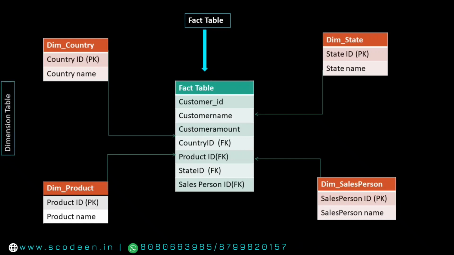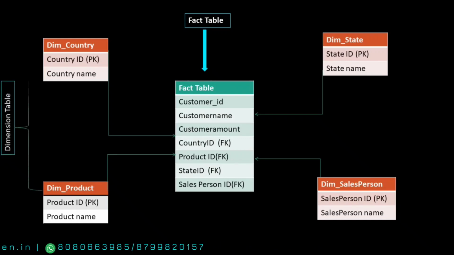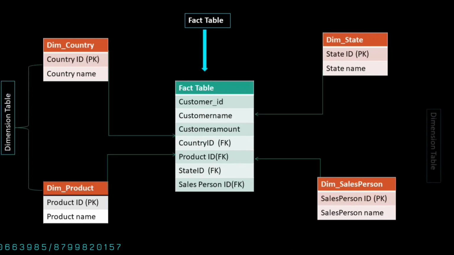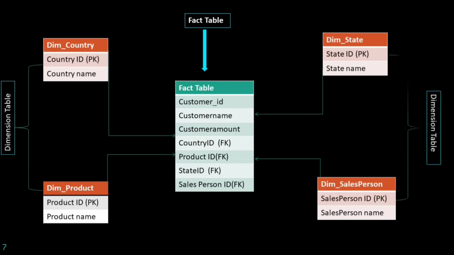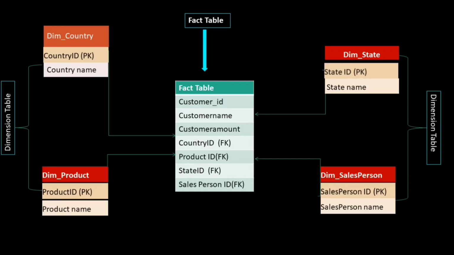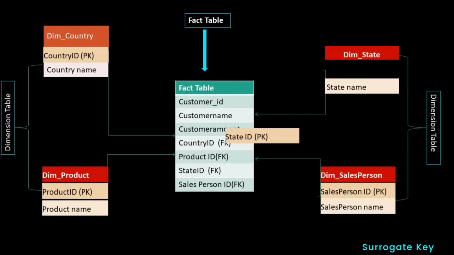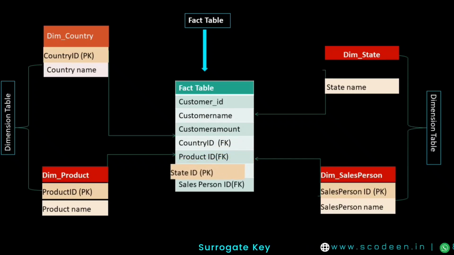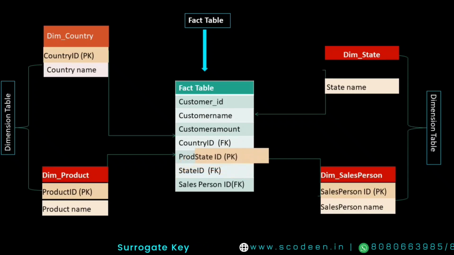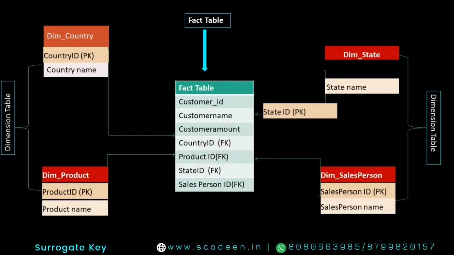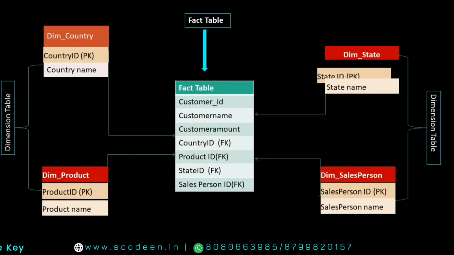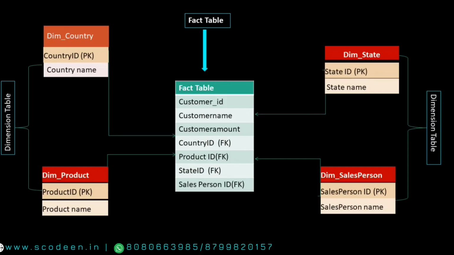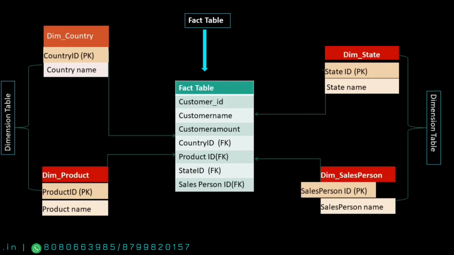So now let's understand the role of the data here. We can observe here that the primary key of each and every dimension table will be considered a foreign key in the fact table. Observe here the state dimension, where state ID is the primary key. It will be considered a foreign key in the fact table.